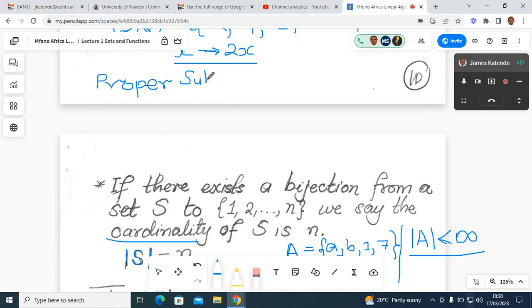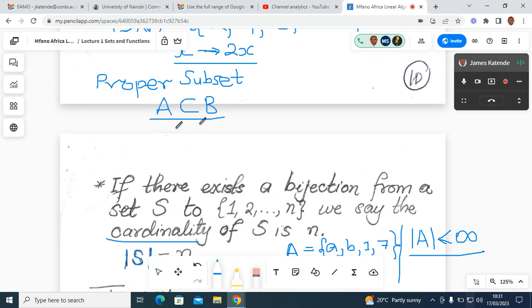If A is a proper subset of the set B, we write it as A is properly contained in B. So properly contained means there must be some elements in B that are not in A. If these are finite sets, then it means the cardinality of B must be bigger than the cardinality of A.